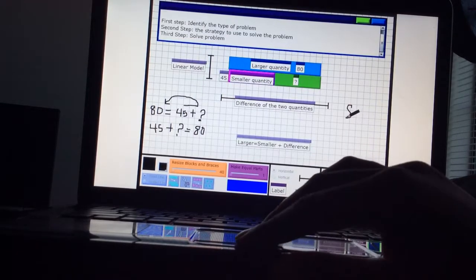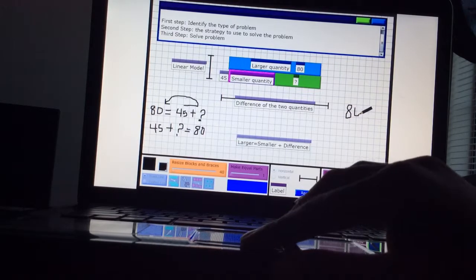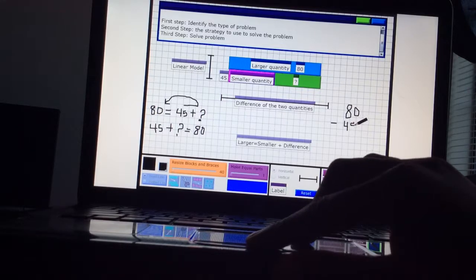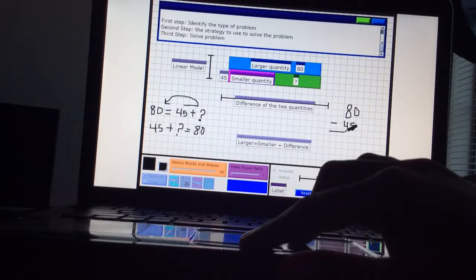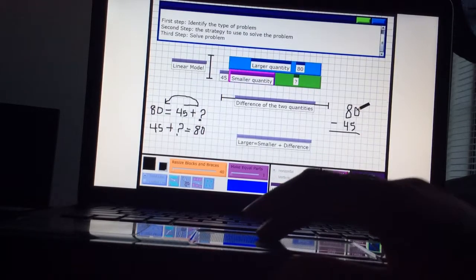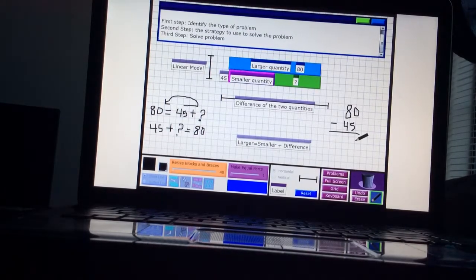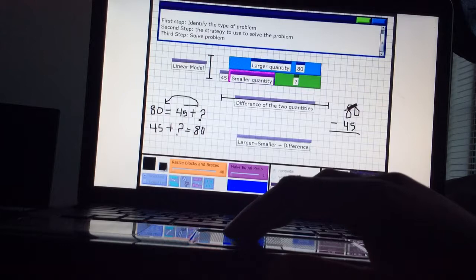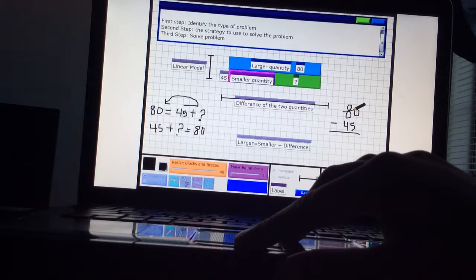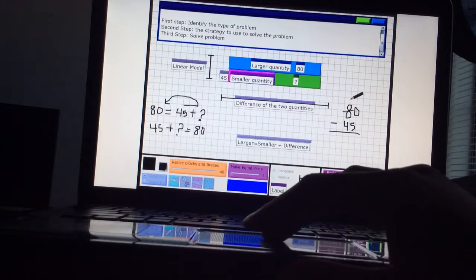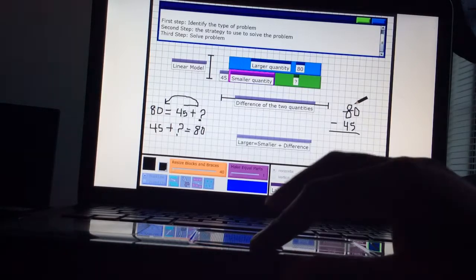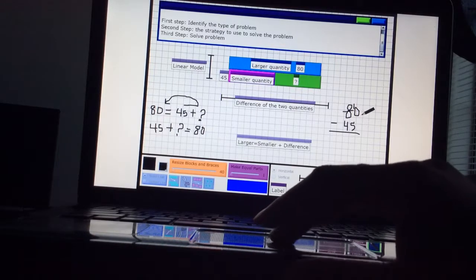So 80 minus 45. Okay, so 0 minus 5, can we do that? No, we can't do that, so we're going to have to borrow from the 8. When we borrow, we put a little line through the 8 and we regroup by taking a 10 away from the 8 and giving it to the 0, which makes it now a 10.